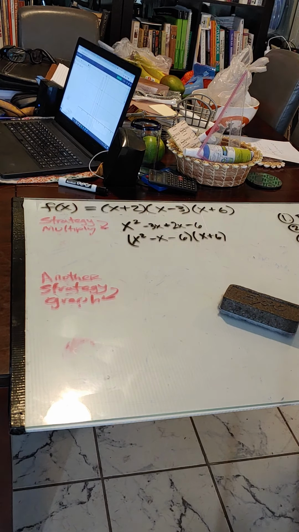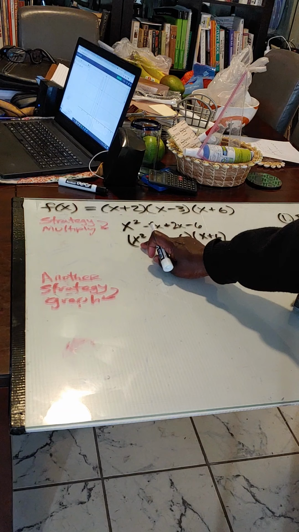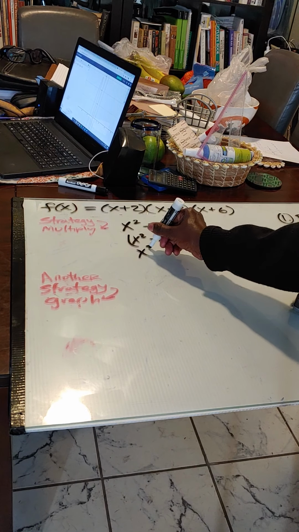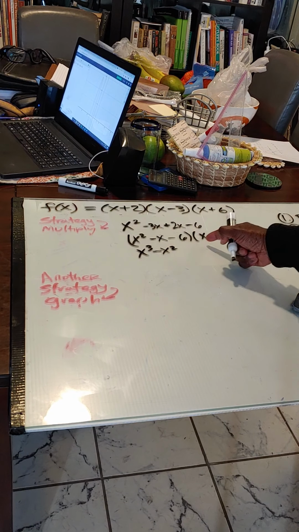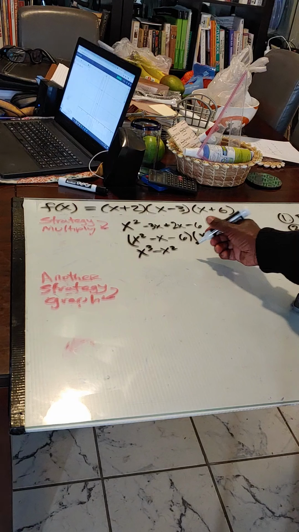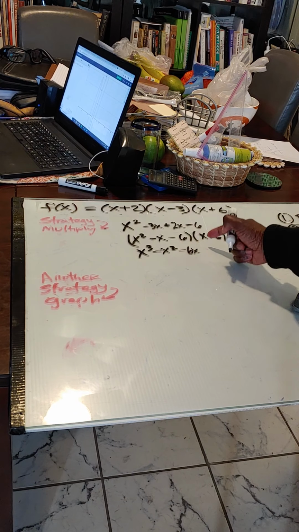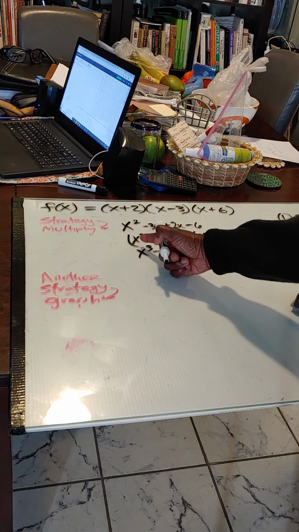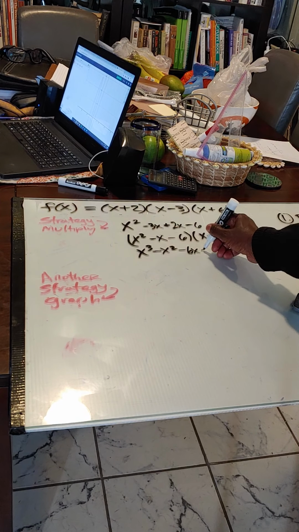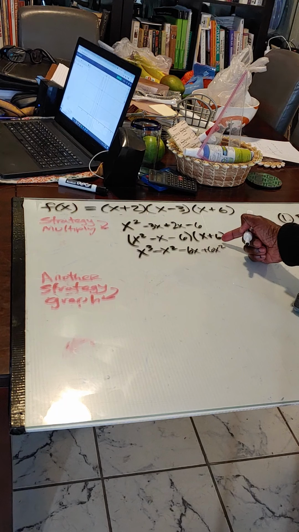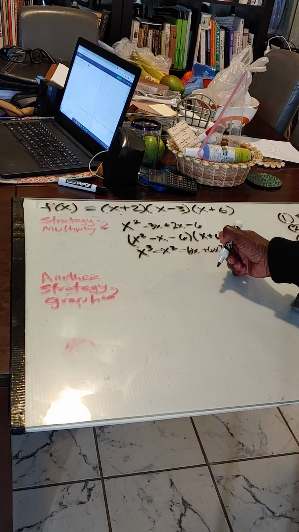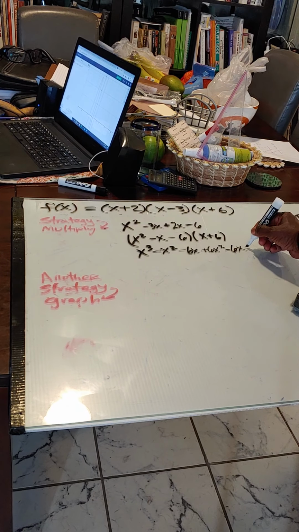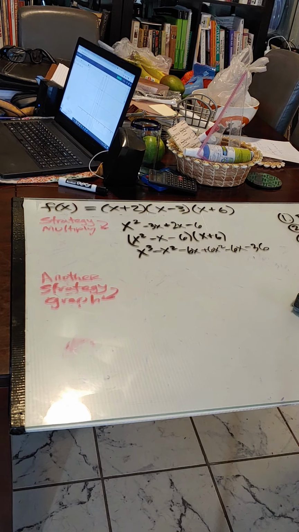And so x times x squared, x cubed, x times negative x is negative x squared, x times negative 6, negative 6x. 6 times x squared is positive 6x squared. 6 times negative x is negative 6x. 6 times negative 6, product of 6 and negative 6, okay?